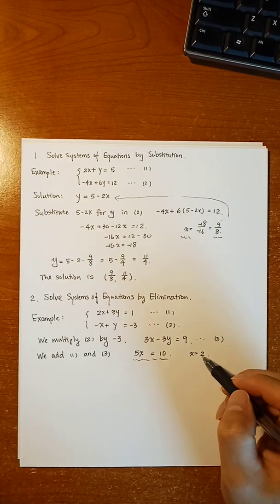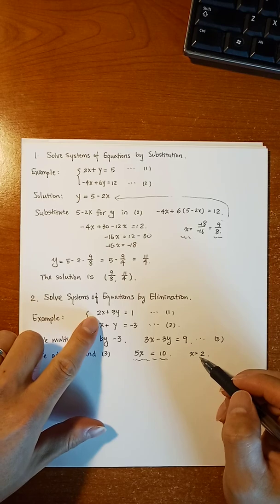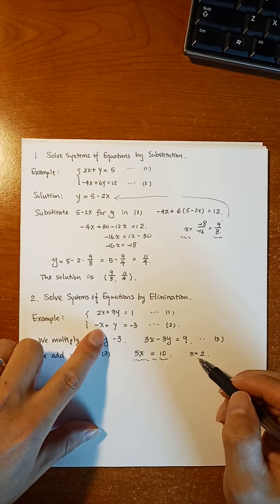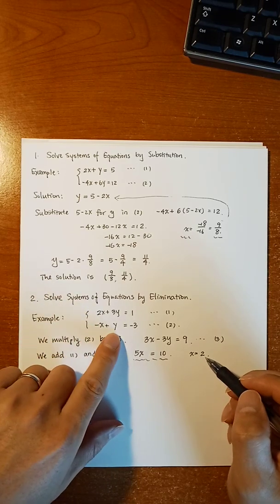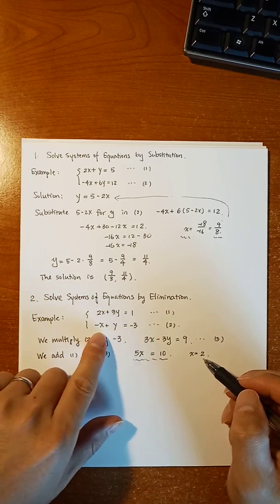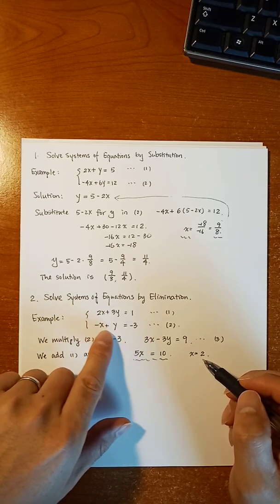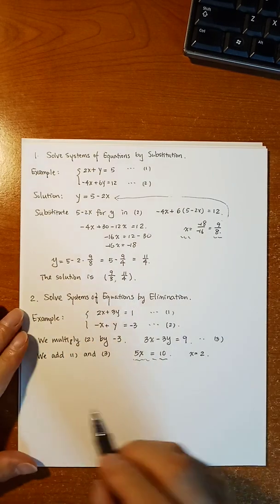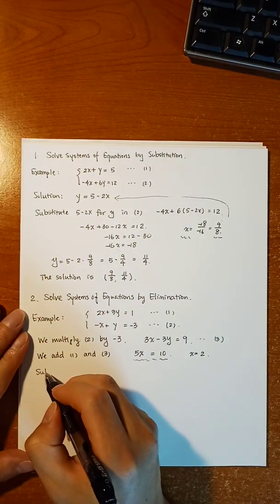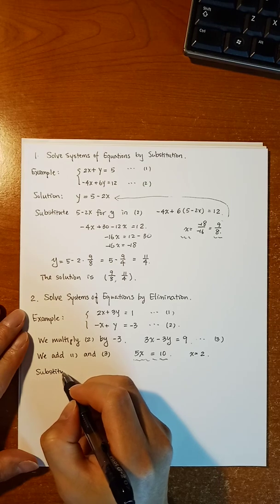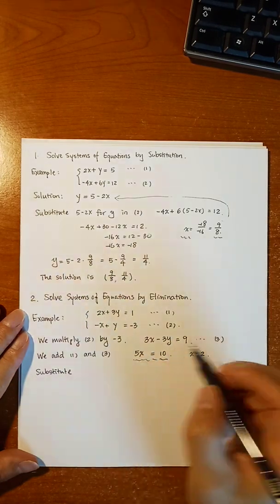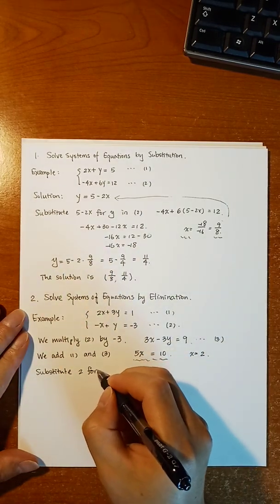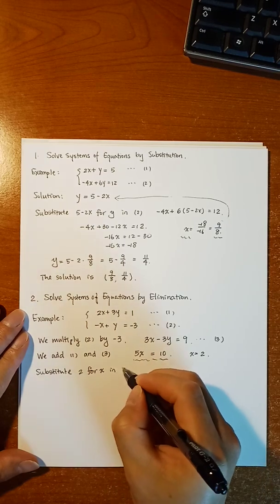Once we get x equal to 2, you can select either the first equation or the second equation to compute y. For example, because the second equation is simple and does not have a lot of coefficients, I'm going to select the second equation. Substitute or plug in 2 for x in equation 2.